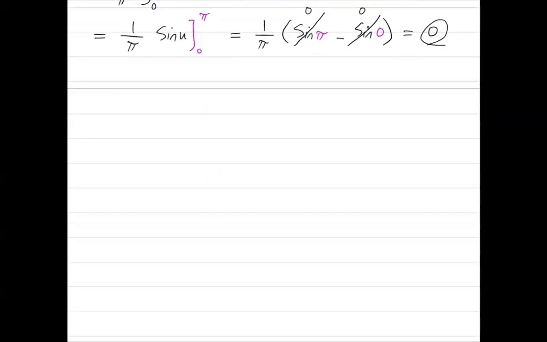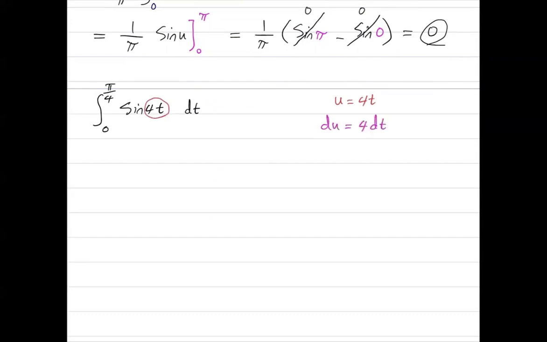Another substitution is calculating the integral of sine of 4t, while t is ranging between 0 and pi over 4, dt. So you can use substitution, u to be 4t, and then du is 4 dt.